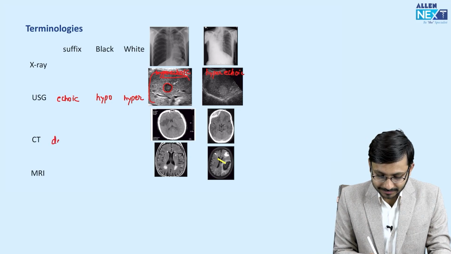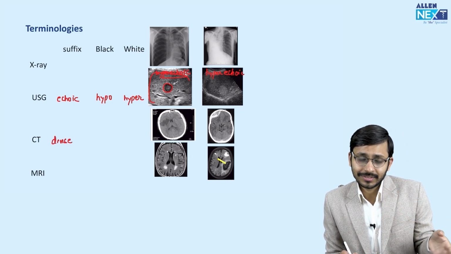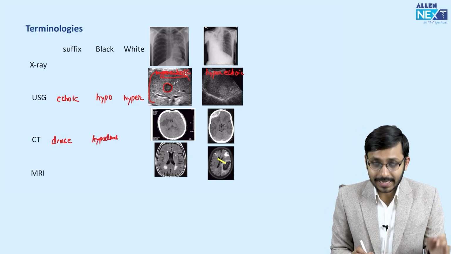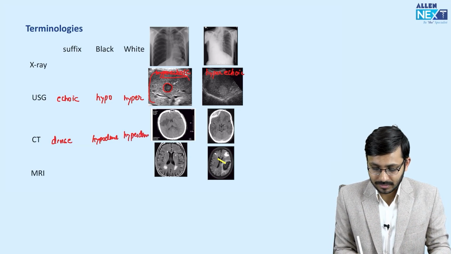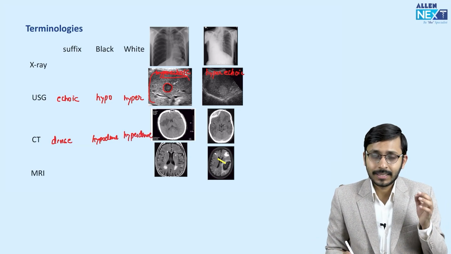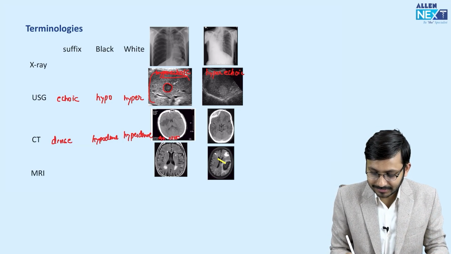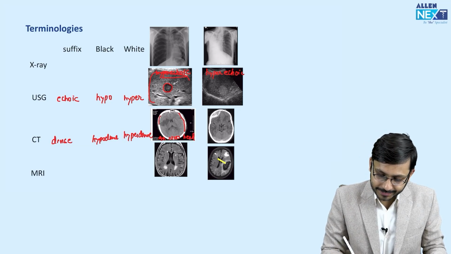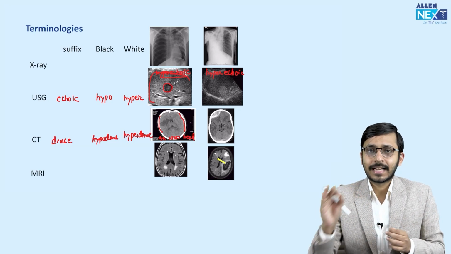Now, what is the suffix used in CT? It is dense. Anything which appears blacker on CT will be hypodense, and anything whiter on CT will be hyperdense. For example, this is an axial NCCT head image, because the bones are white, so it is a CT scan image.